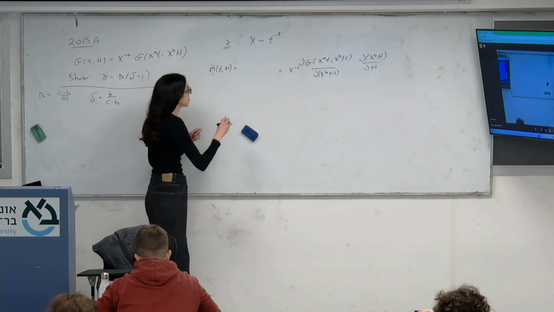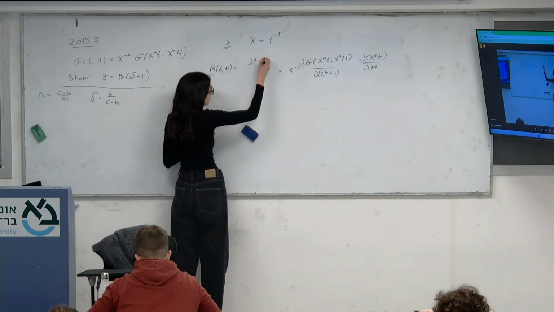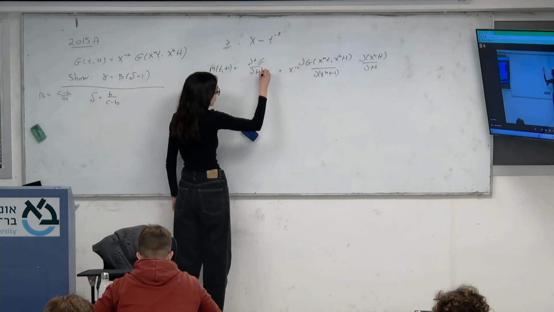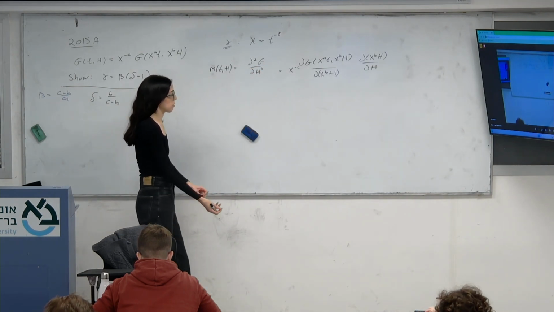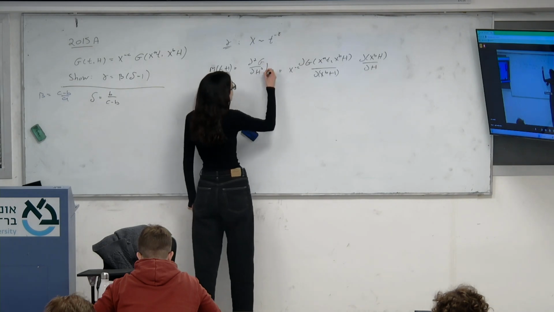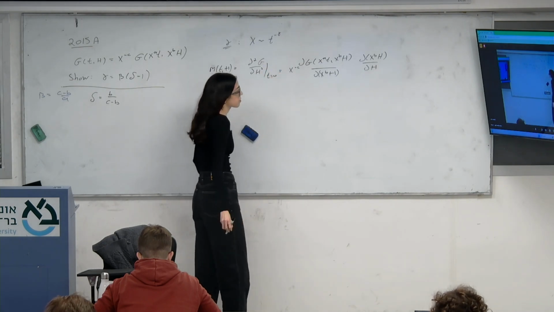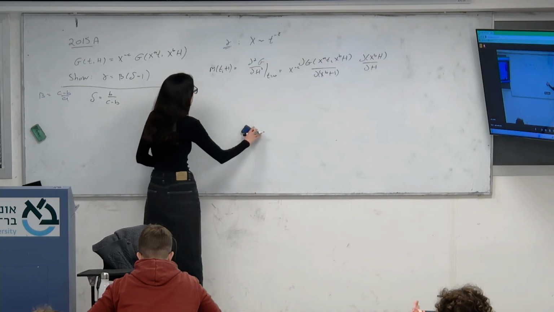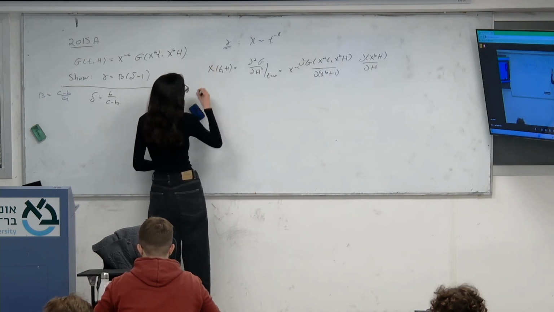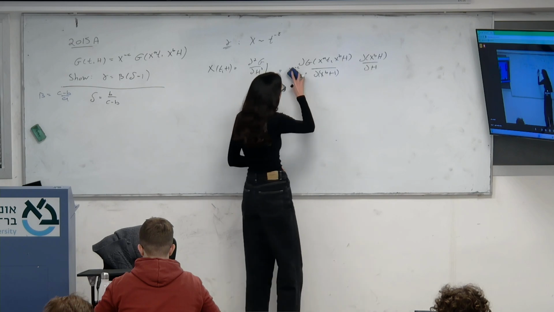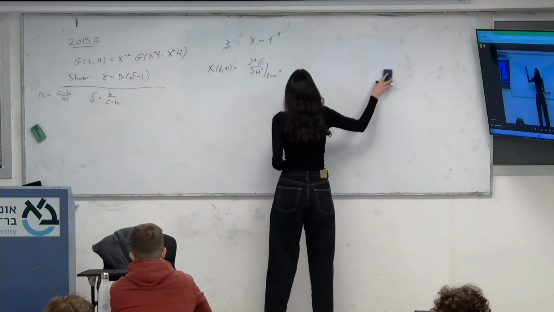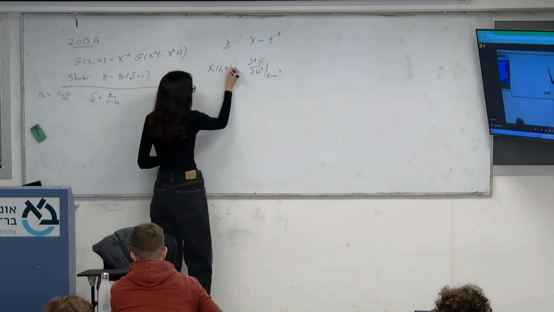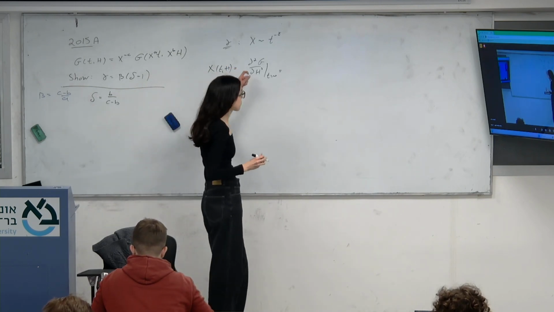So the susceptibility is the second derivative of the free energy with respect to the magnetic field. So now it's no longer equal to the magnetization, or it still is.